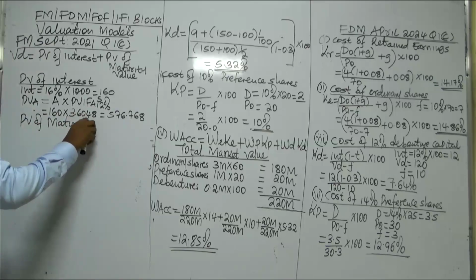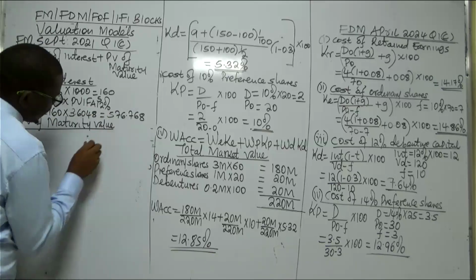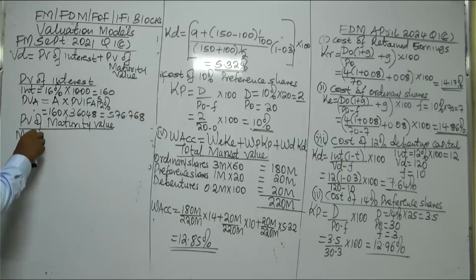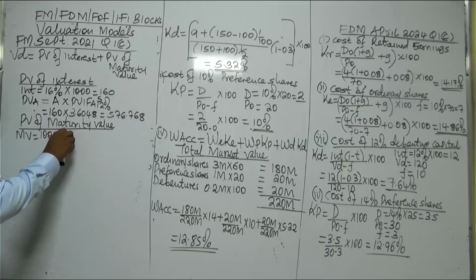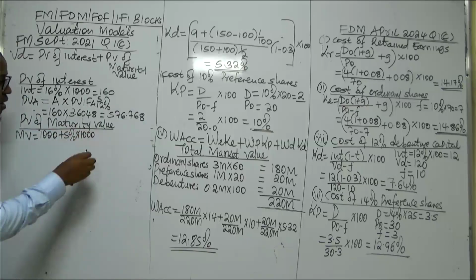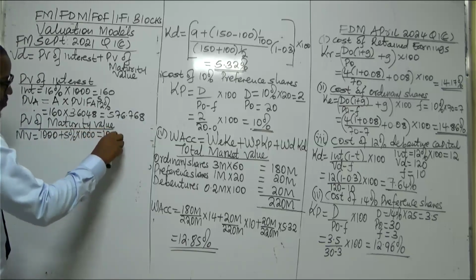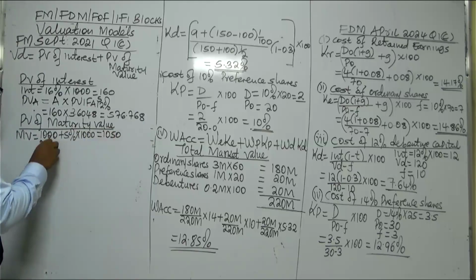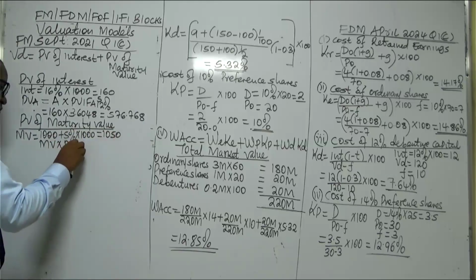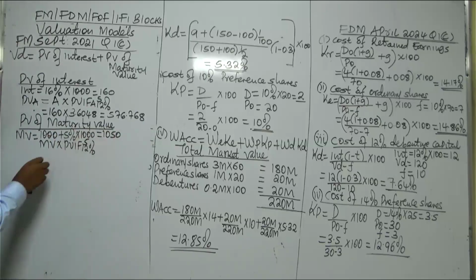We also get the present value of maturity value. Maturity value is the value at which the bond will be redeemed at. So this one we've been told that it will be redeemed at a premium of how much? 5%. So it will be 1,000. You add the 5% premium. 5% of 1,000 is 50. So this will just be given by the maturity value times the present value interest factor at 12% in year 5.